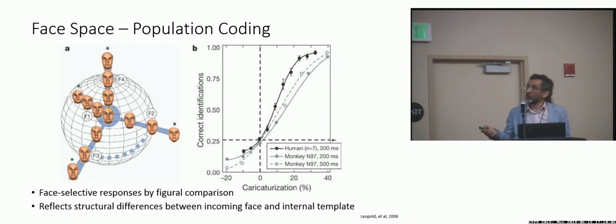They can tell you which face it's predominantly made up of. They can tell you what axis it's along. So this leads to the idea that we have a multidimensional face space, and we have selective identification of faces based upon a figural comparison. You compare your incoming image with your prototype, your internal template from the center of this face space.